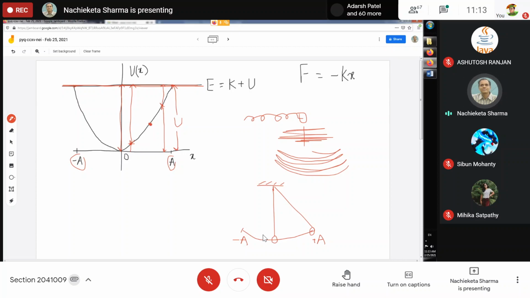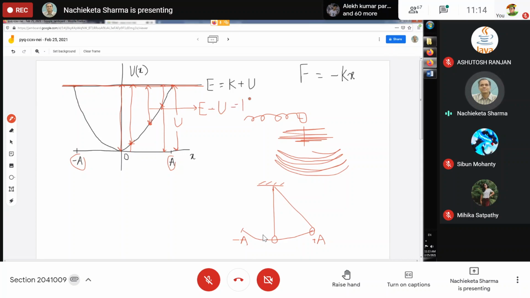Here this point has the value of U, this is E. So this difference, this straight line that I have drawn, is known as E minus U, and that is equal to K.